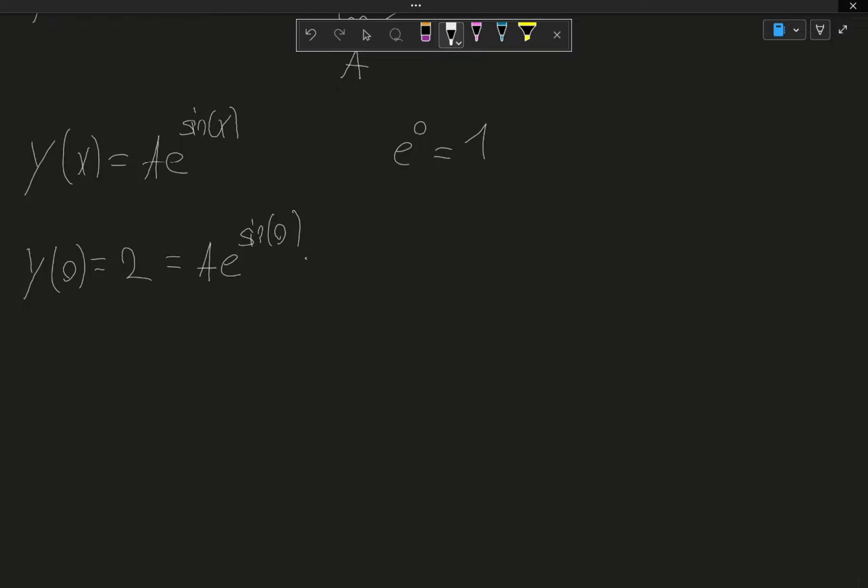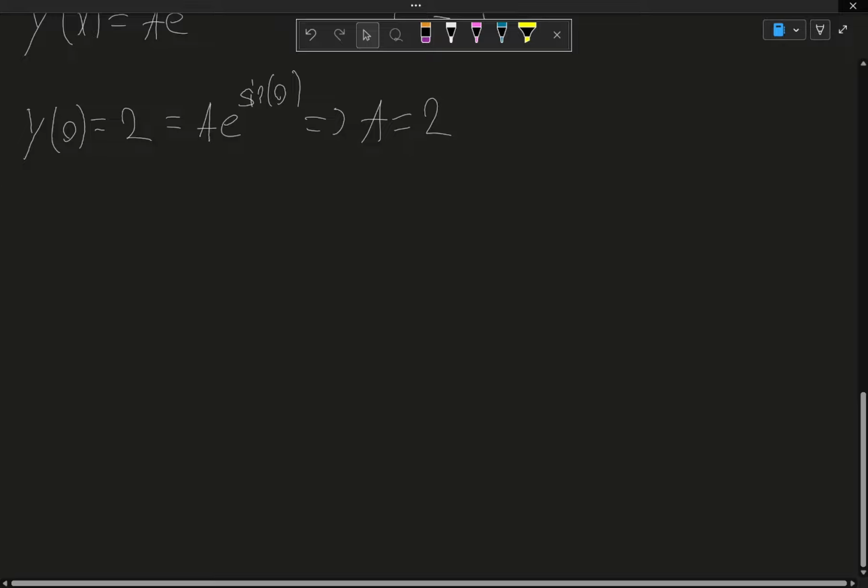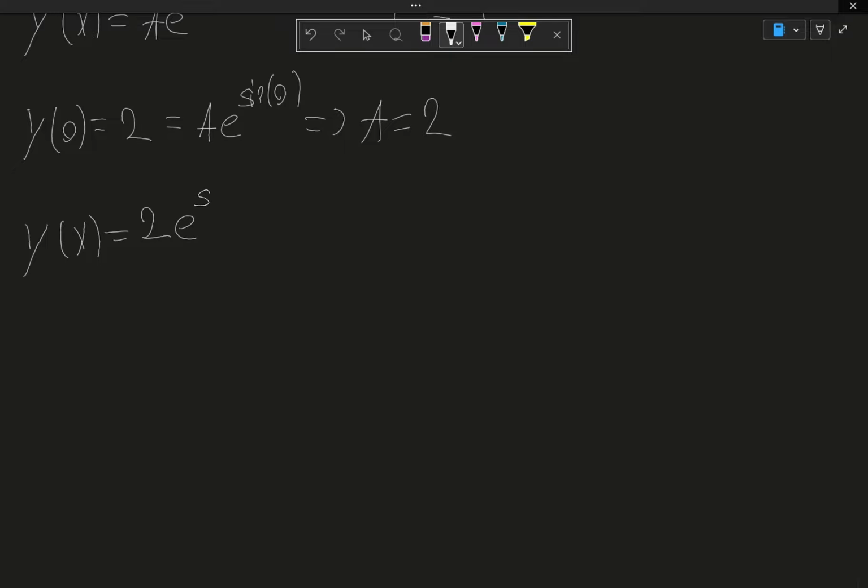So we just have that a is equal to 1. So our function y of x is equal to e to the sine of x. And that's our final solution.